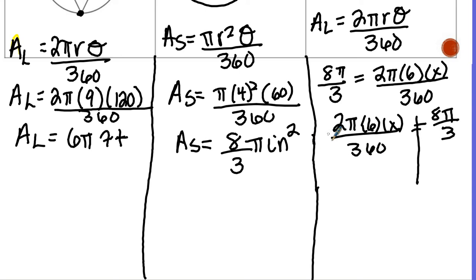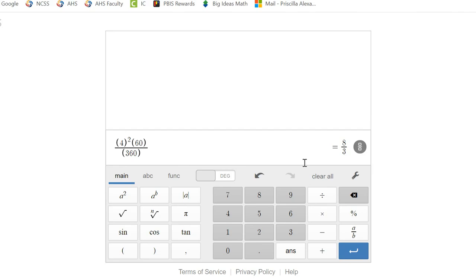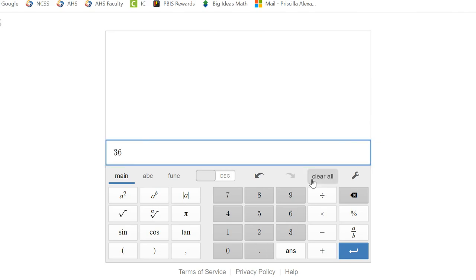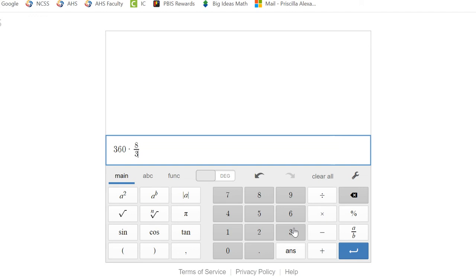So I'm going to multiply this side by 360 to get rid of this fraction, and I'm going to multiply this side by 360. So I get 2 pi times 6x equals, let me go grab the calculator, 360 times 8, and I'm going to go ahead and divide that by 3.